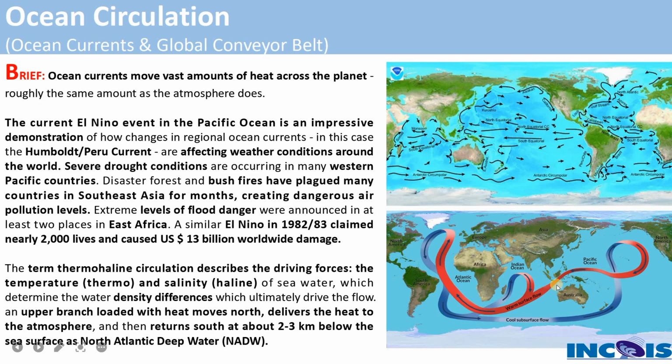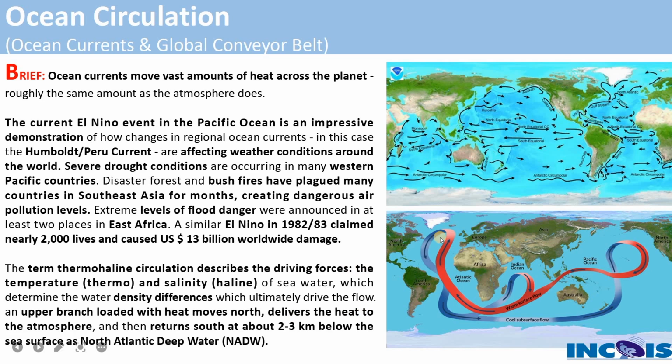The cold water is carried from the poles to the equator, from the bottom. This upper branch, loaded with heat, moves north and delivers the heat to the atmosphere. It carries the heat from the equator to near the North Atlantic and releases the heat into the atmosphere, right?